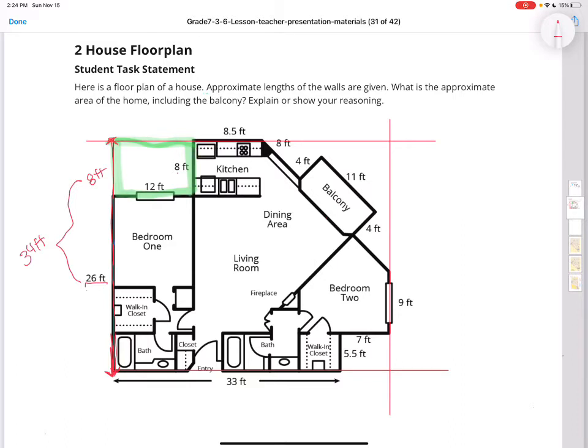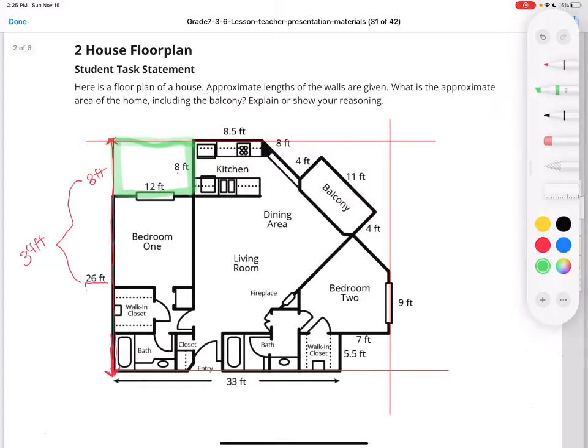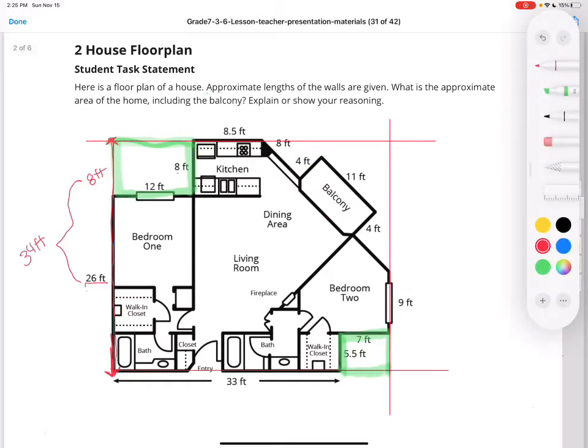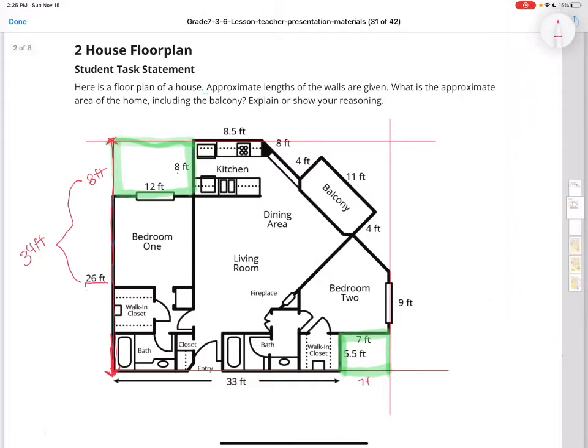Then on this side, which I want to go for the bottom to find the width, I see that this is 33 feet. And I also see this miniature rectangle right here. And just like what I told you guys, if this is 7 feet, then this would be 7 feet.